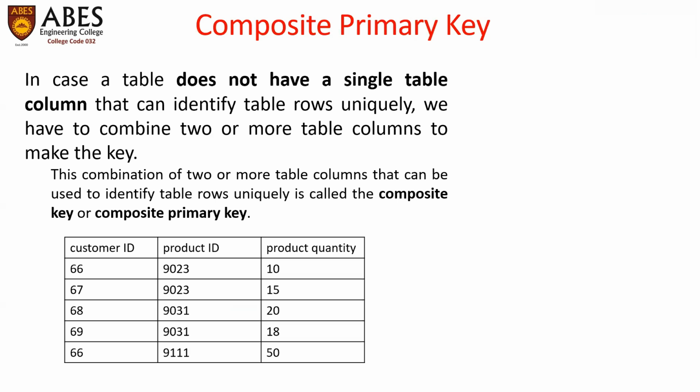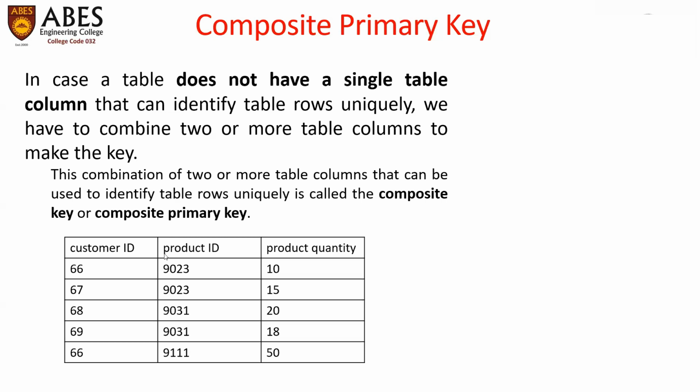Sometimes we may have to take a collection of attributes, that is, a collection of columns. In that case, the primary key is said to be a composite primary key because it is made up of a set of attributes, not a single attribute. So what we can say is that a combination of two or more table columns that can be used to identify table rows uniquely is known as a composite key or composite primary key.